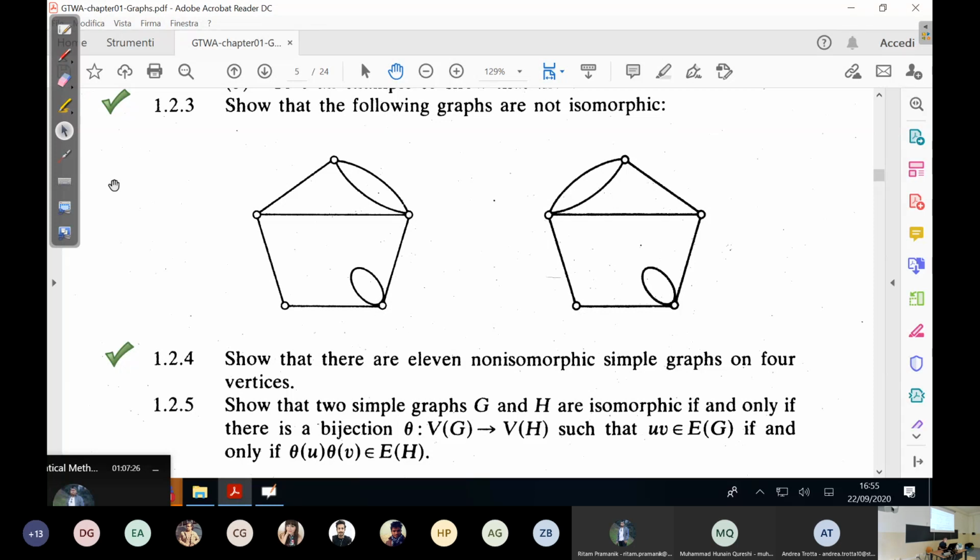If we had two loops here and two loops there, we would have more possibilities. But since we have only one loop on the left and only one loop on the right, we are bound to send this loop to this loop, and consequently to send this vertex to this vertex. Okay?